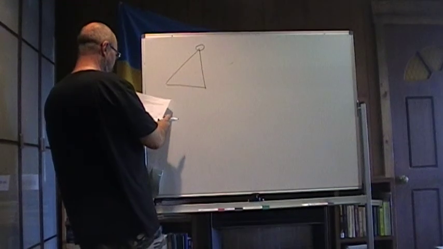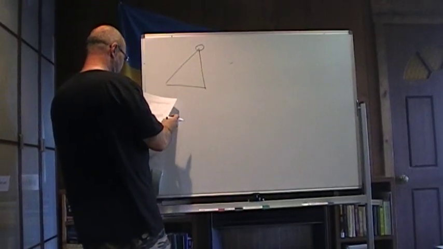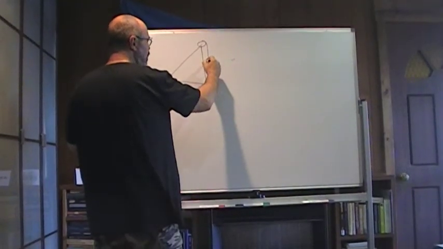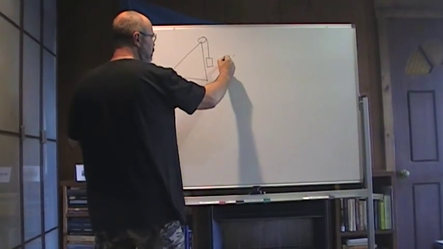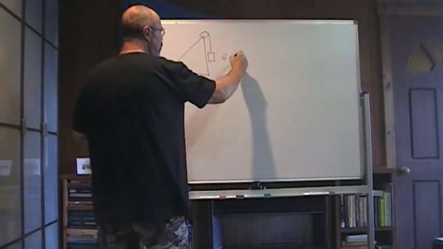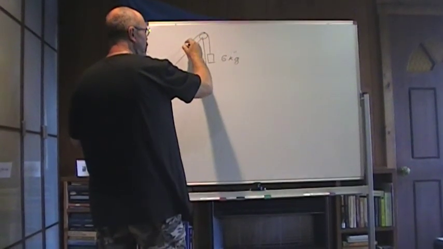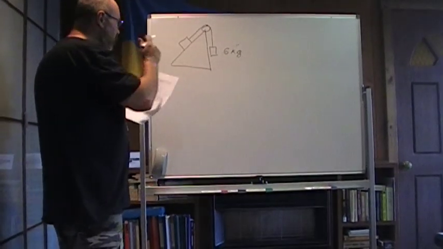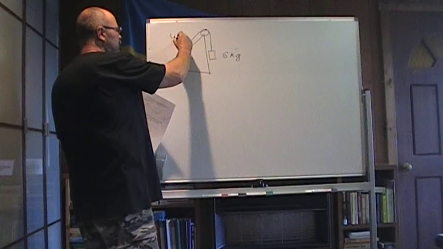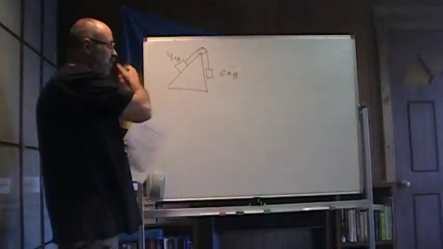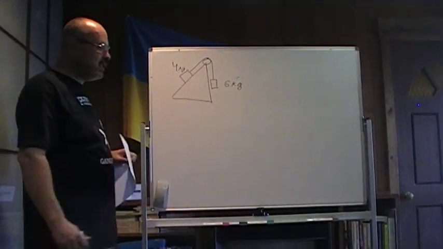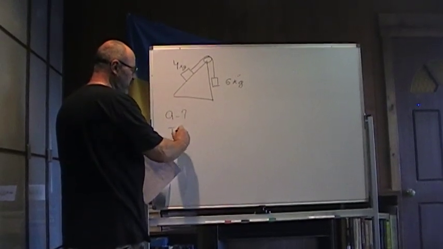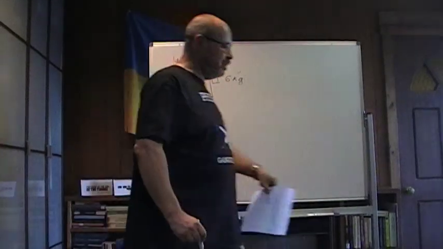We have one mass of 6 kilograms hanging vertically, and we have another mass on the inclined plane, a mass of 4 kilograms. Same question: what will be the acceleration and what will be the tension in the string.